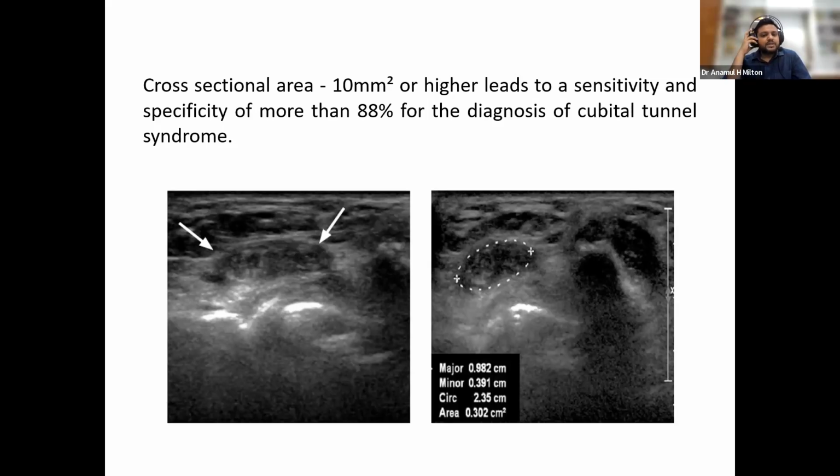If it is not more than 10, then you have to find out, or you can do an MRI to see whether any C7 or T1 radiculopathy is present or not.